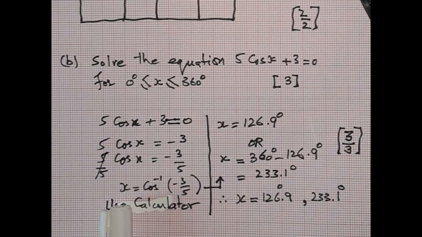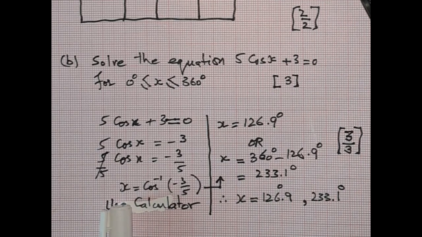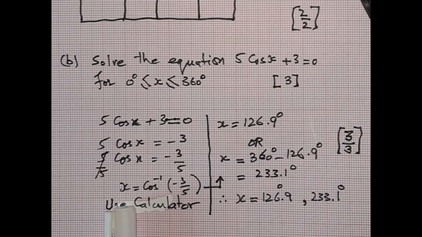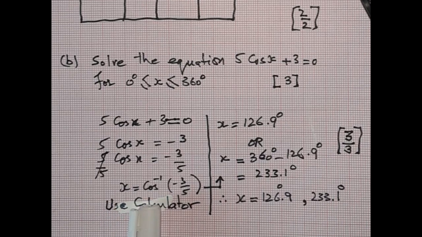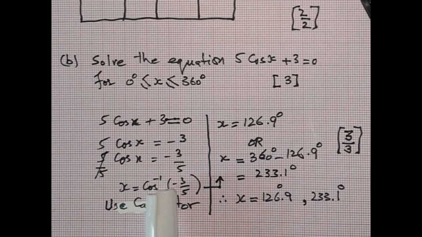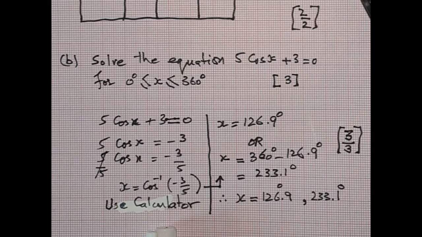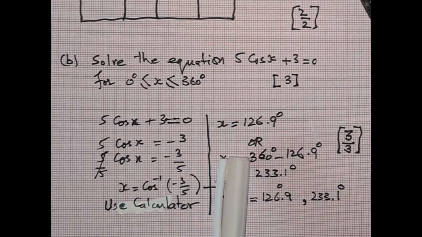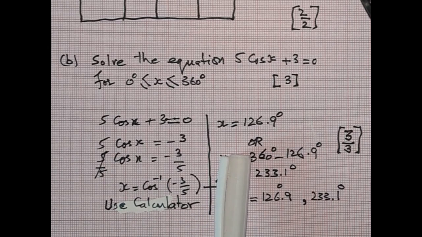Make x the subject. We have cos inverse of (minus 3 over 5) to be solved by the calculator, which gives us a value of 126.9 degrees.